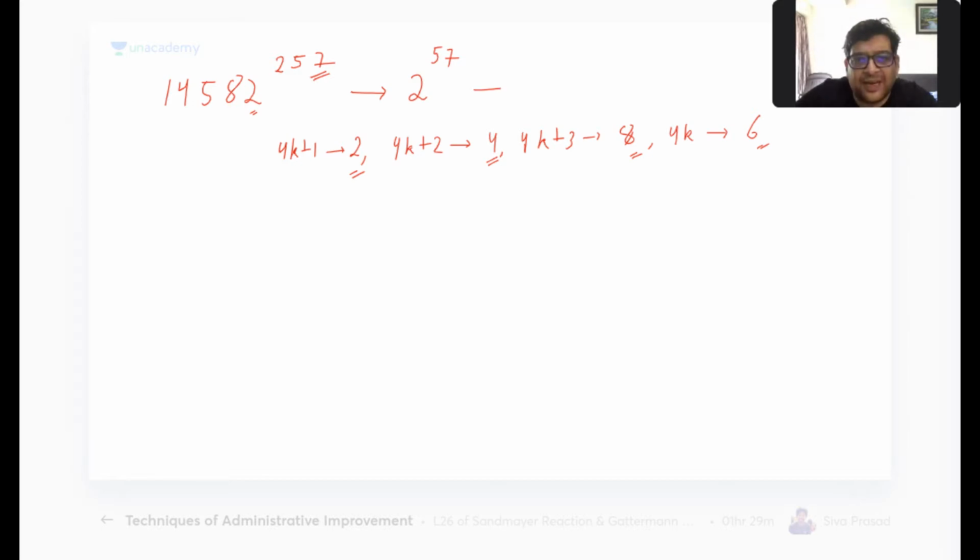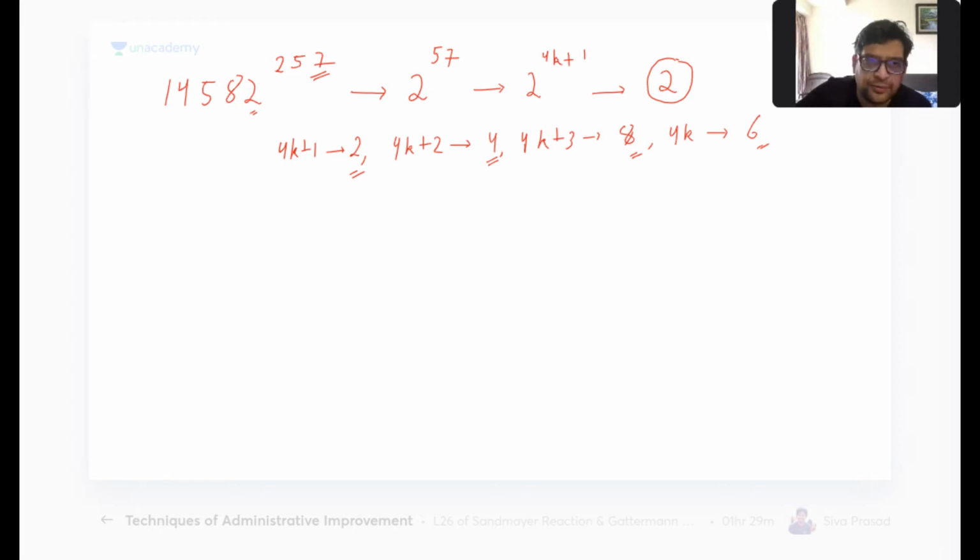Now, the only thing that I care about is that 57 can be written as a multiple of 4 plus what? 56 is divisible, so 57 is a multiple of 4 plus 1. So this becomes 2 to the power of 4k plus 1, making the last digit, or the answer that I'm looking for, as 2.